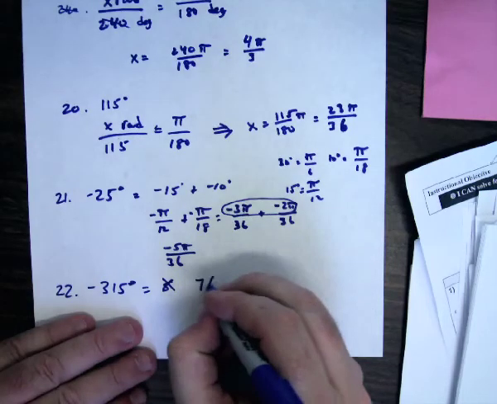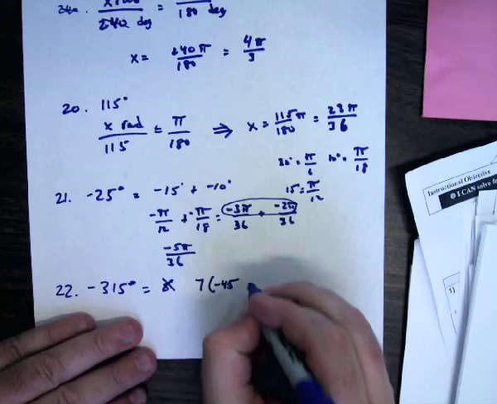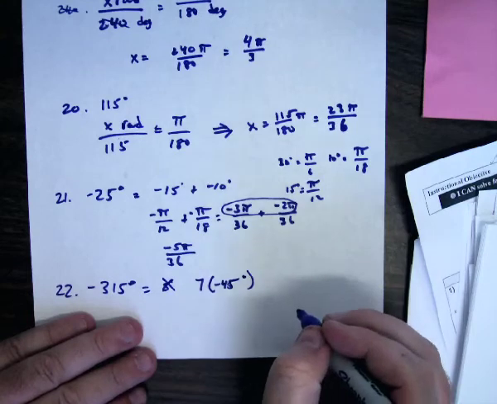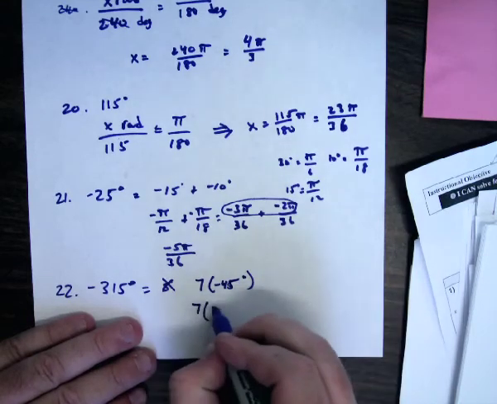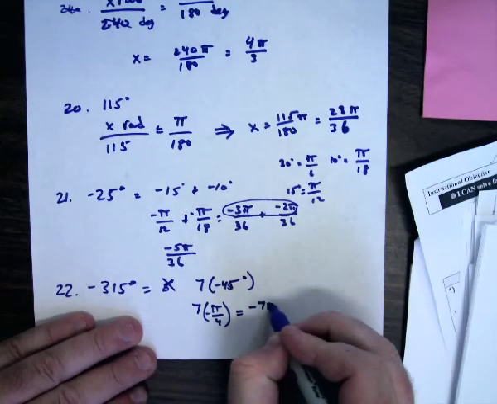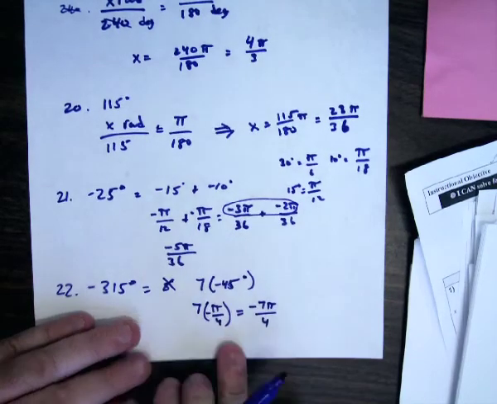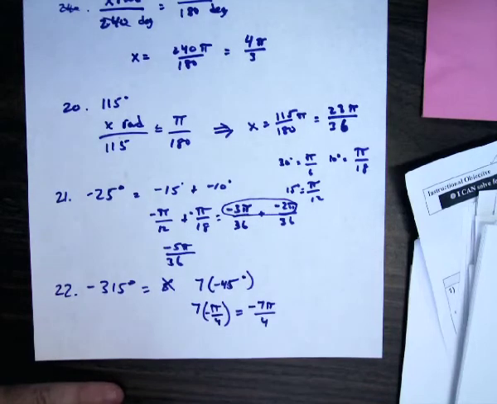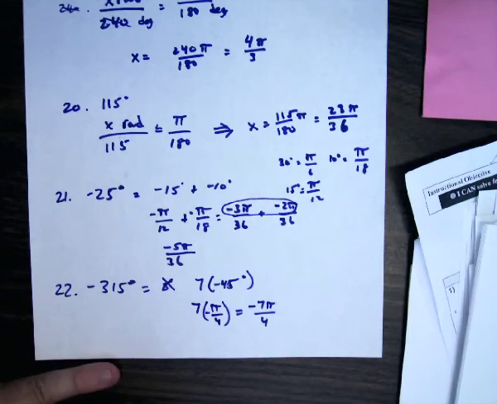So 7 times negative 45 degrees. And that would be 7 times negative pi over 4, which equals negative 7 pi over 4. Once again, I'm getting the pi over 4 from my unit circle. I'm kind of ignoring the negative sign, it's not that important. Also, if you have your unit circle, 315 degrees on it is 7 pi over 4. And then just make it negative.